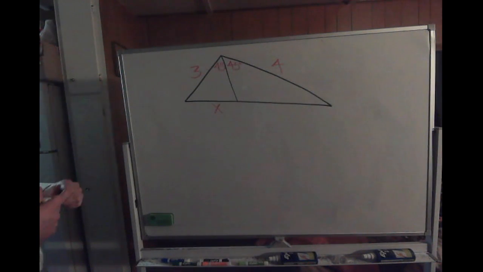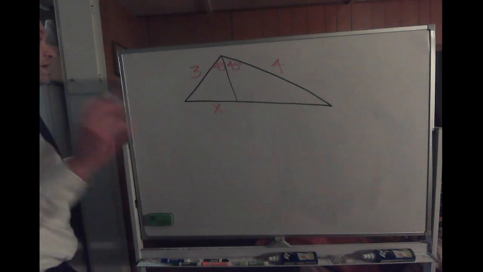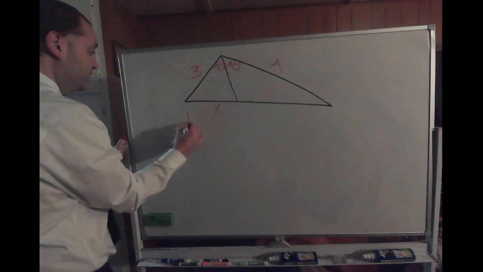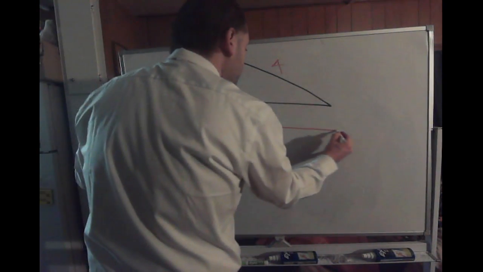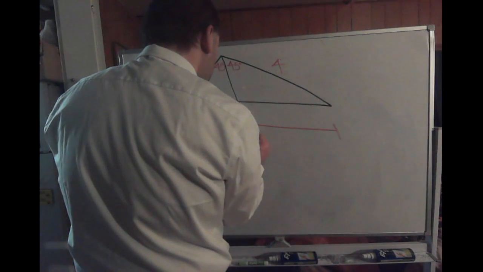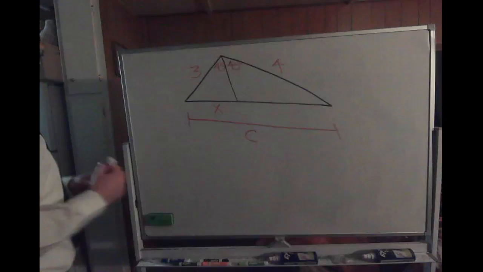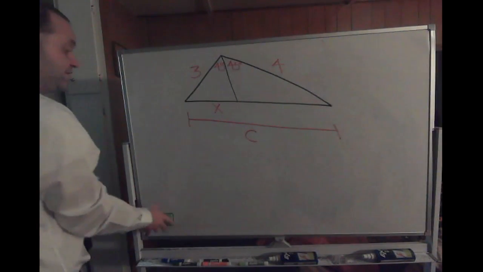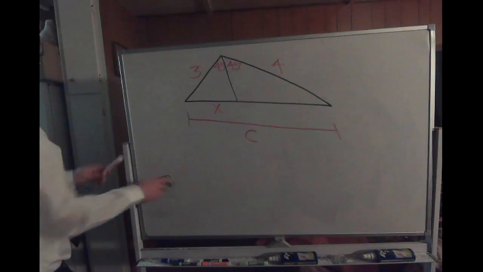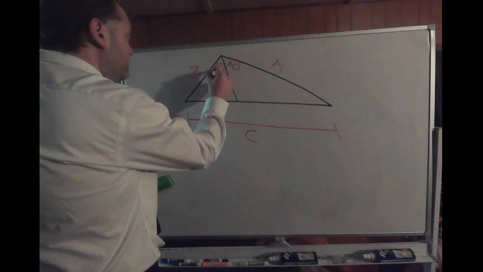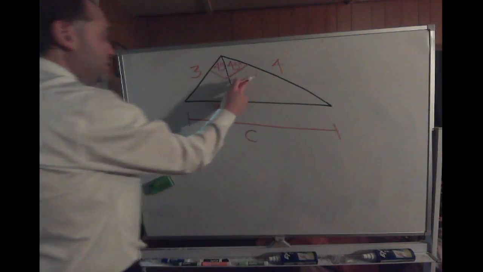So, how are we going to proceed with that? Well, what I would do is call the length of this whole side C, because if you have a 45 and 45 degree angle, what do you have? Really, it's a 90 degree angle if you combine this into one big right triangle.